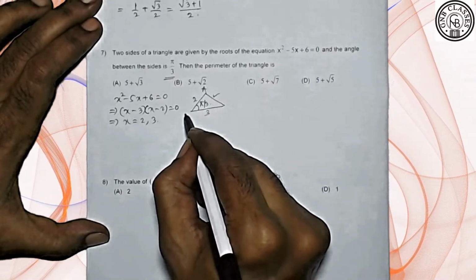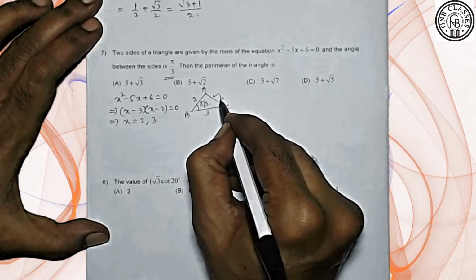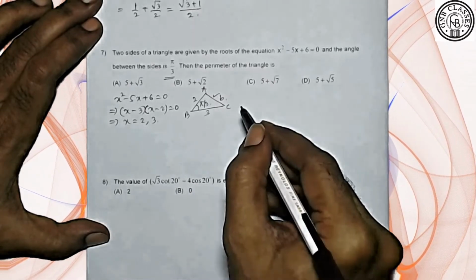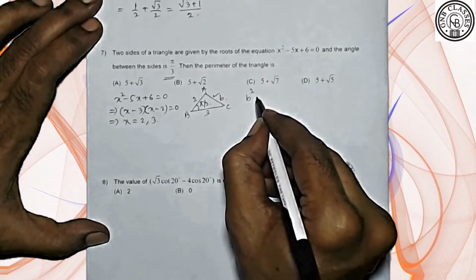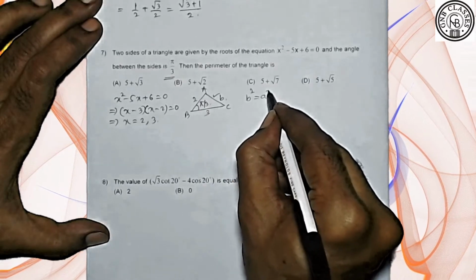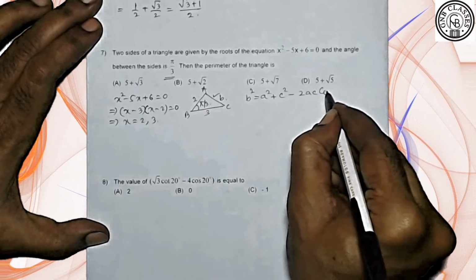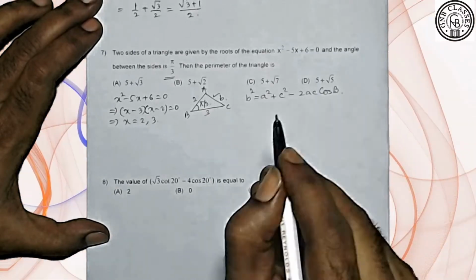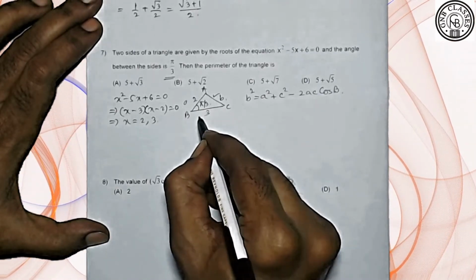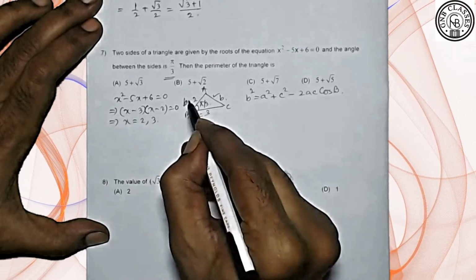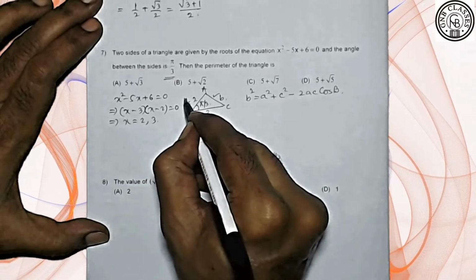Let me give a name to this side, let us say this is b. So what can we write? We know from the cosine formula that b square is a square plus c square minus 2ac cos B. Here a is 3 and c is 2.